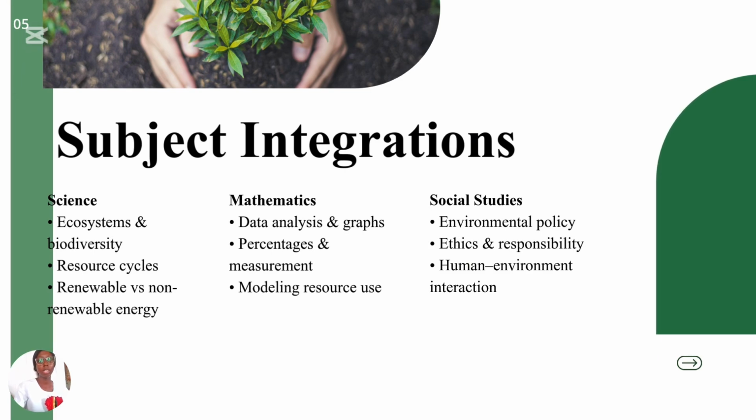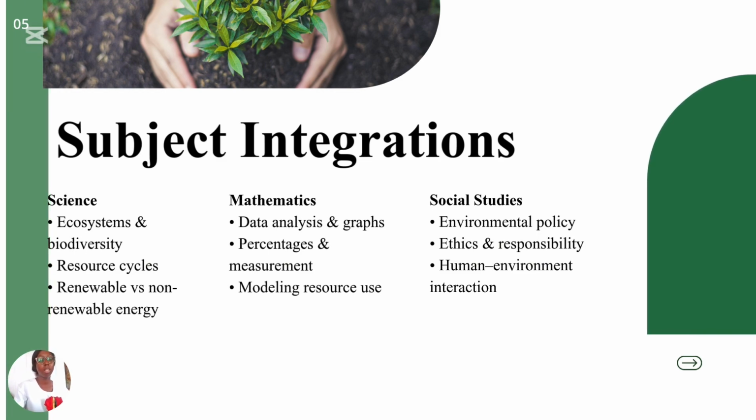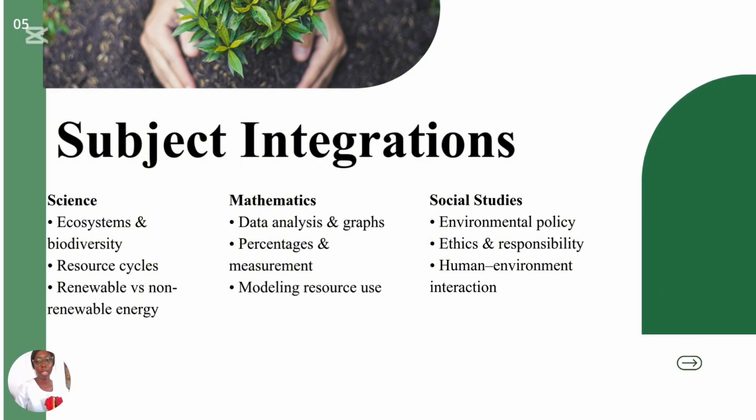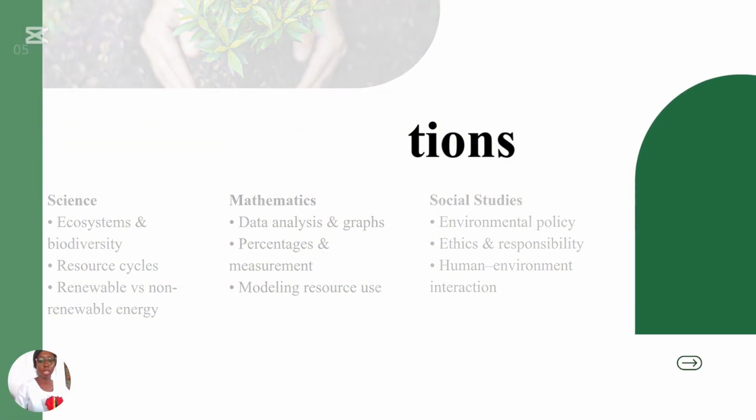In mathematics, we use data analysis, percentages, and measurements to model resource use. This will help students quantify the impact and understand sustainability numerically. Lastly, in social studies, we tackle environmental policy, ethics, and responsibilities, and this will teach students the societal and ethical dimensions of environmental decisions.